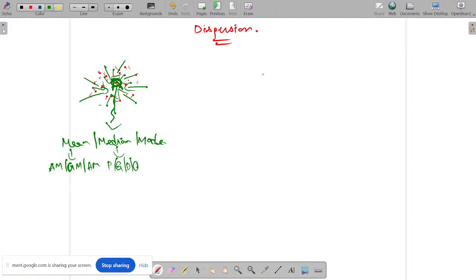Let me take two sets of data. Set one has the values 2, 3, and 4. Can you help me out with the mean value? The mean value is 3. The values are evenly scattered, which means the center value will be the mean value. We need not go for finding the value.